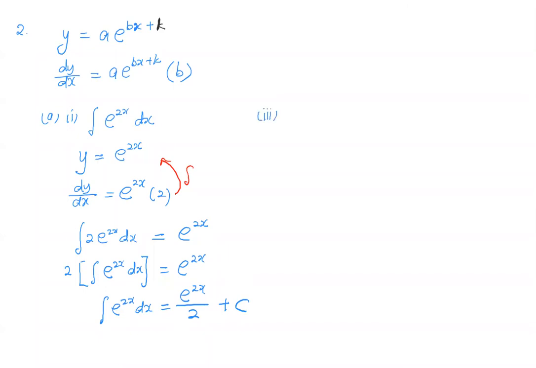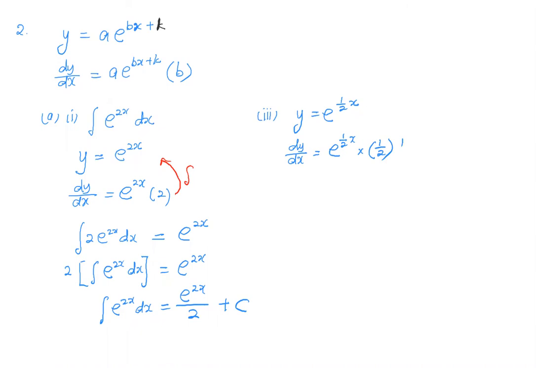So part 3, I'm going to start with y equal to whatever I have here. So what is my dy dx? Copy down the whole thing, times by the derivative of the power. Am I right?